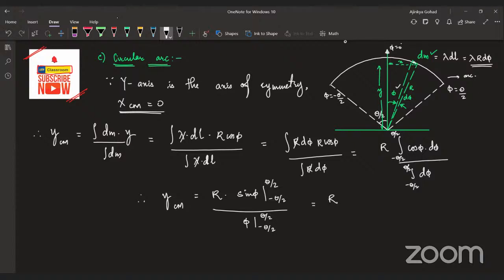So I can write this as r, this will be 2r sin theta by 2 upon theta. This will be the position of center of mass for a uniform circular arc.